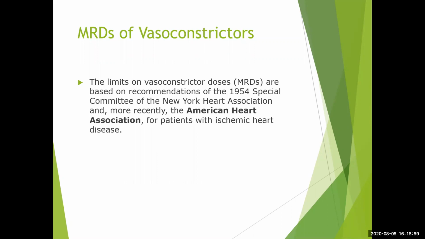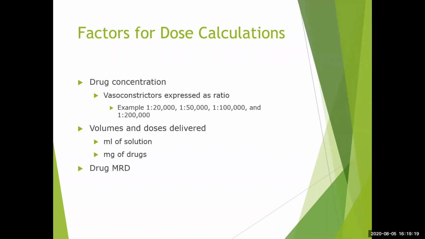Okay, so the MRDs of vasoconstrictors were based on recommendations from way back in 1954. A special committee of the New York Heart Association met and determined these MRDs. And then more recently, the American Heart Association weighed in with the recommendations for patients with ischemic heart disease. So the factors for dose calculations with vasoconstrictors are the drug concentration.